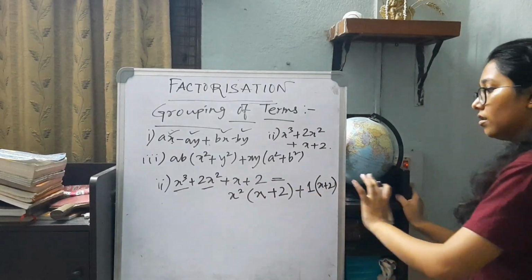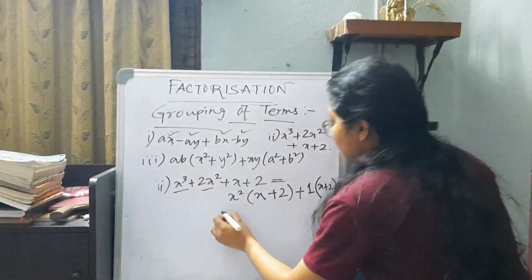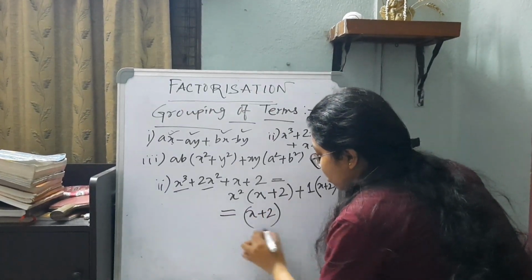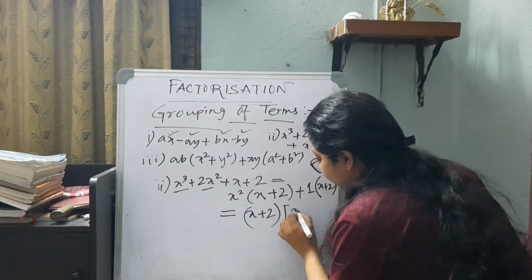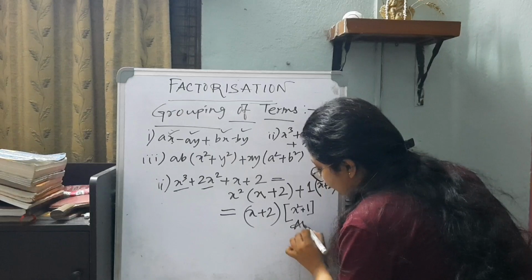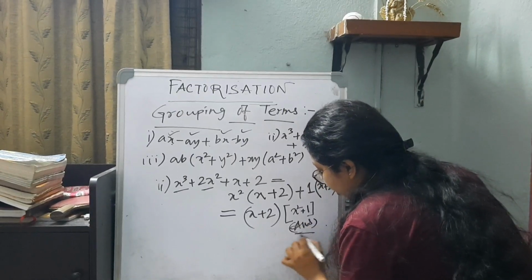So 1 is common. Now x plus 2 is common to both, x plus 2 taken out, x square plus 1. So this is our answer for question number 2.